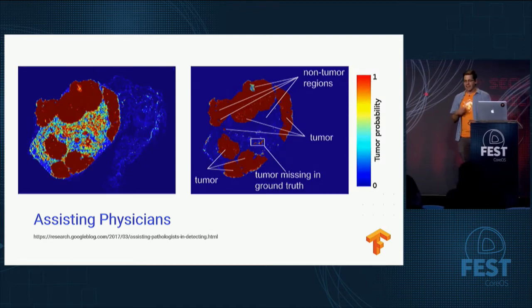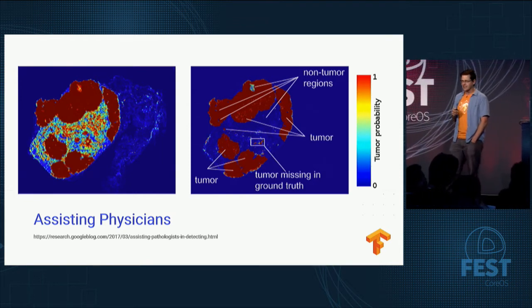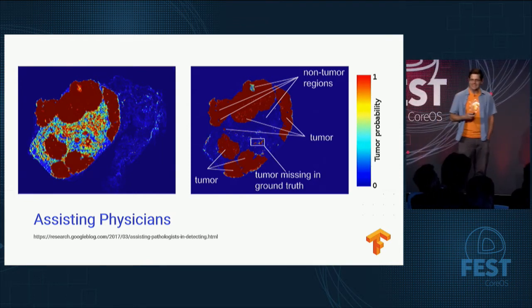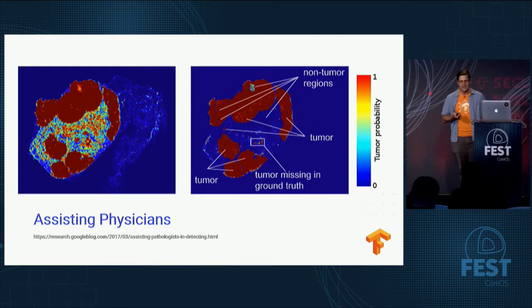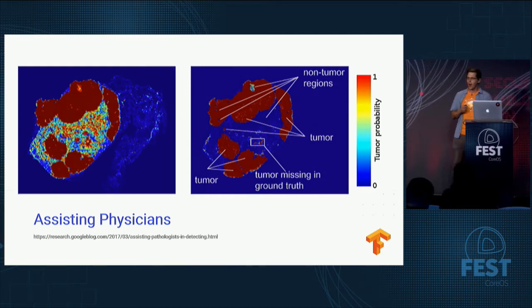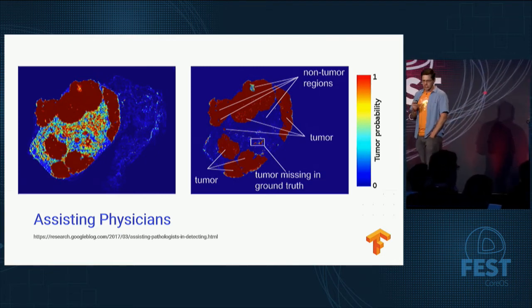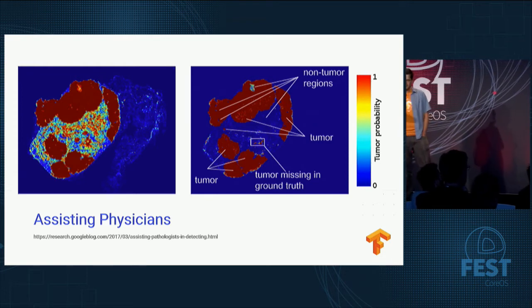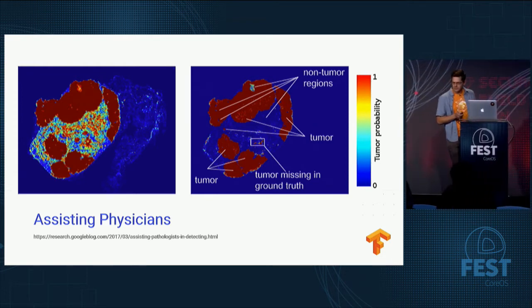Similarly, pathologists have a really hard job searching through scans of biopsy samples to determine which areas are potentially cancerous. It takes years of training to learn to do well. And we've released research showing surprisingly good performance on this pixel-by-pixel labeling task.